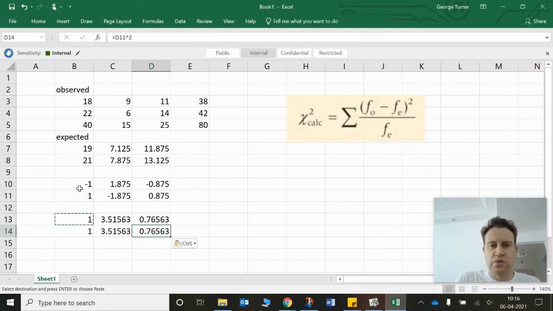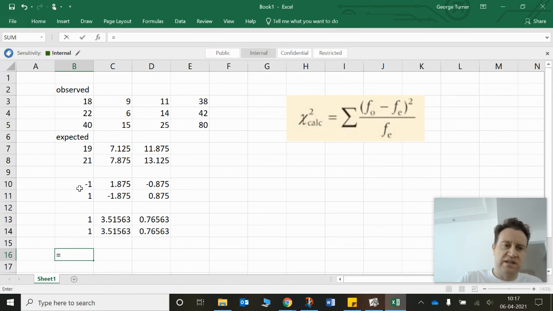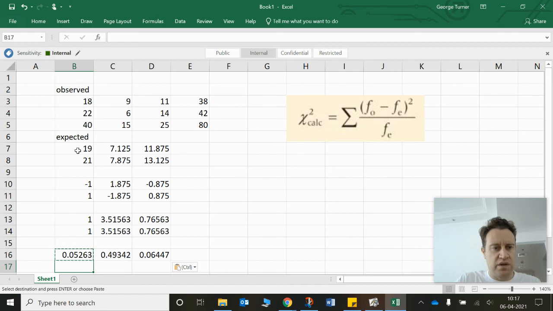And then we're dividing those by the expected. Obviously, I can do all this in one go, but I'm doing it one by one. So there's now the observed minus the expected squared, divided by the expected.